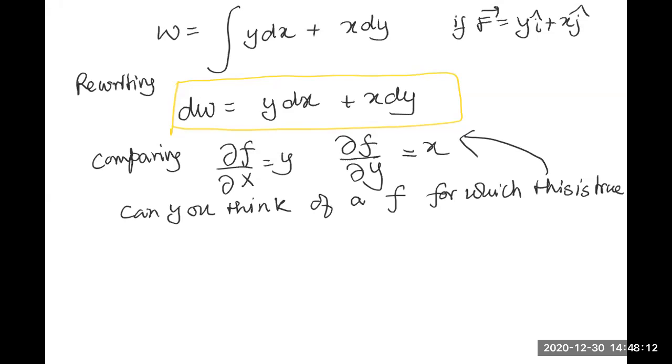Can you think of a function which has both x and y in it? So when I differentiate with respect to x and only with respect to x, I get a y. And when I differentiate with respect to y and only with respect to y, keeping x constant, I get an x.